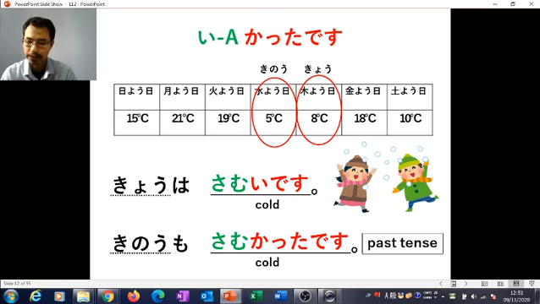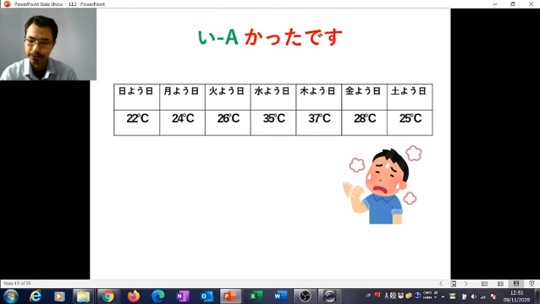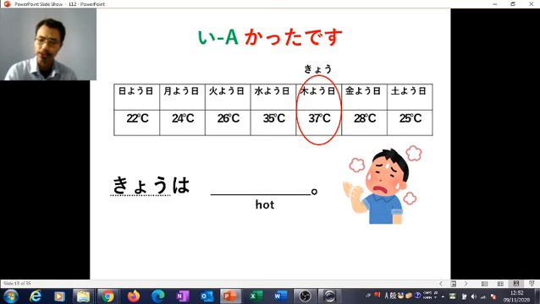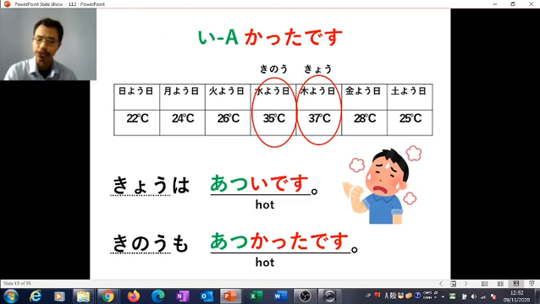Past tense. Another example, maybe about a hot day. You want to say today is a hot day. Kyou wa atsui desu. And then you want to say yesterday was also quite a hot day. Kino mo atsukatta desu.